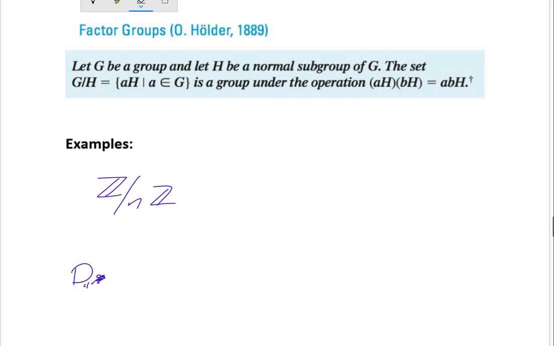So if you think about the dihedral groups, remember that's the symmetries of a square, this one, right? So you could rotate it 90 degrees. You could flip it over a horizontal axis. You could flip it over vertical and horizontal axis and the diagonals as well. Do y'all remember those? Right?